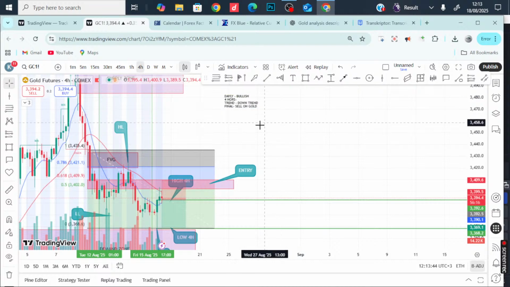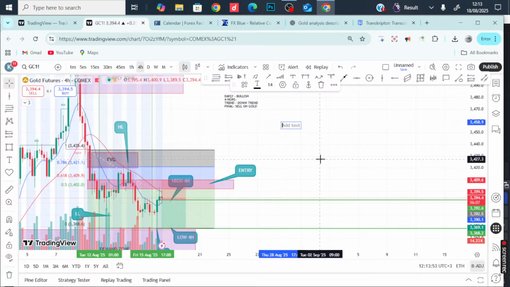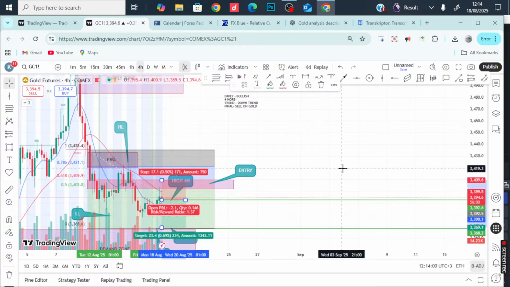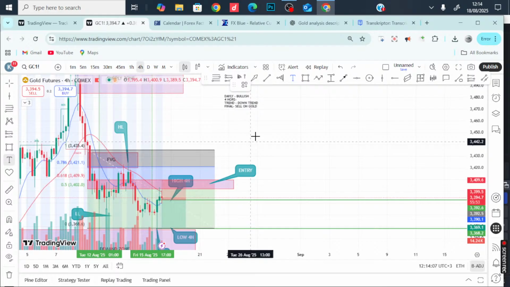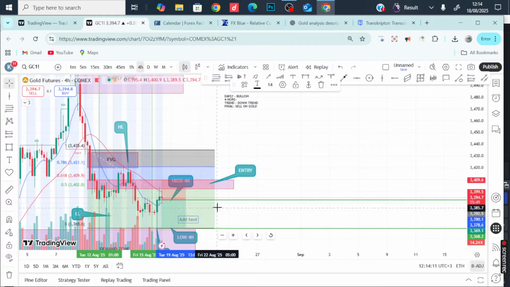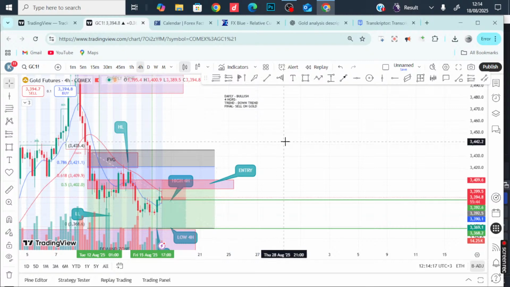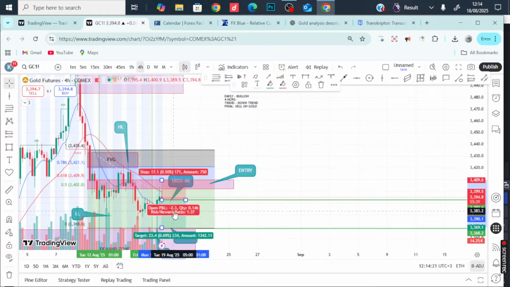So the entries I'll literally put here. For the stop loss, first, the stop loss will be at 3409.